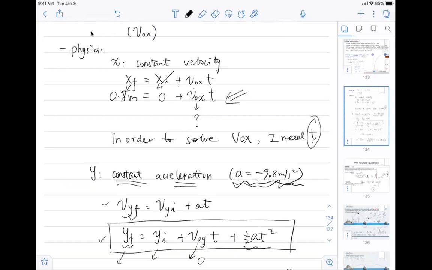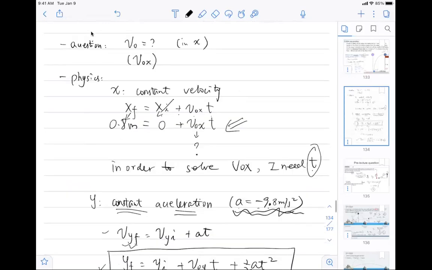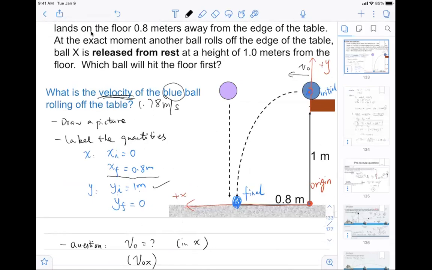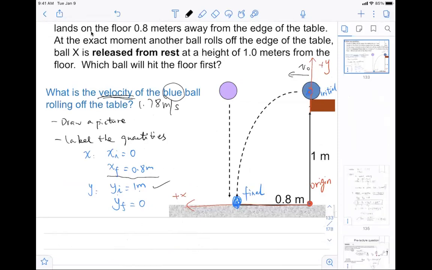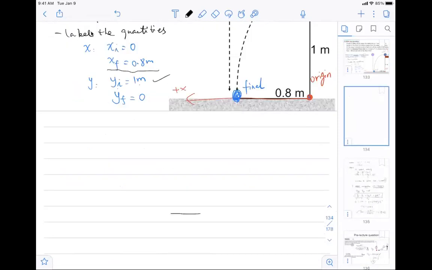Oh, okay, I see. You could totally reverse everything. Say my ball is here and I want downward to be positive. You can do this.